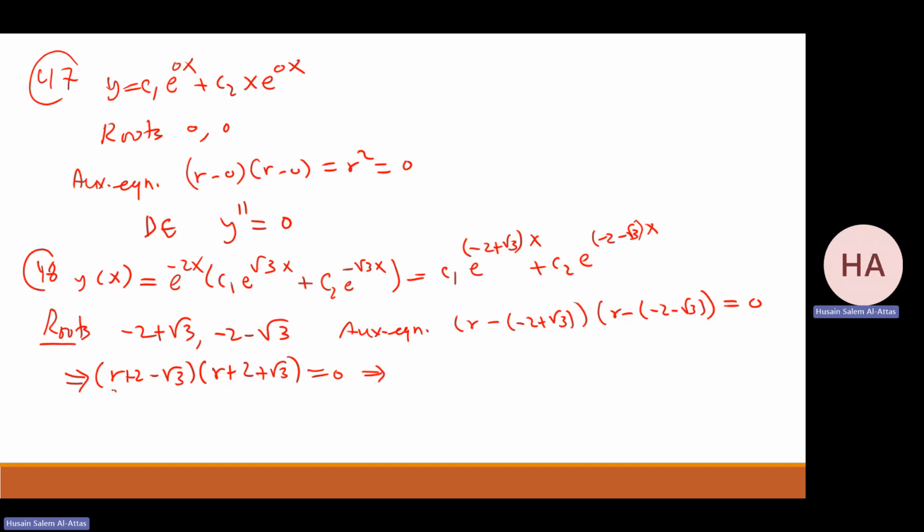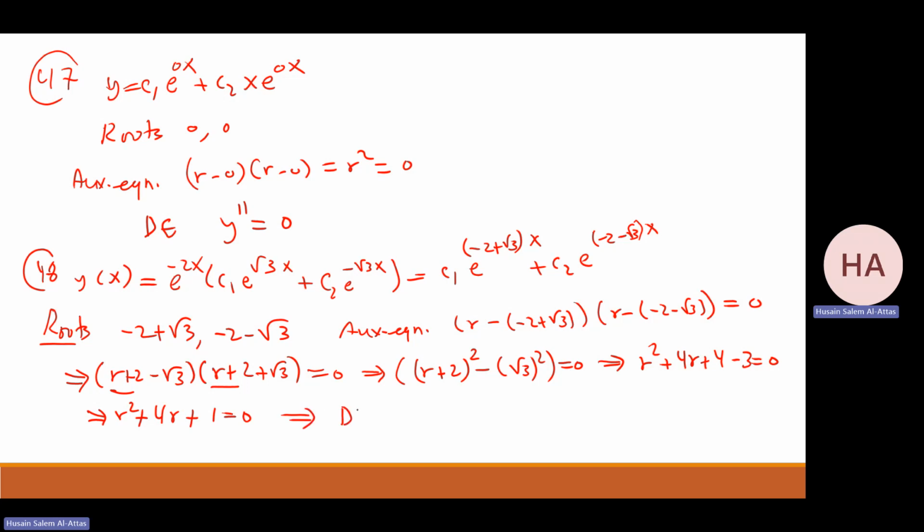I can rewrite it as (x minus y)(x plus y). So I have r plus 2 all squared minus the square root of 3 all squared equal to 0. So I have r squared plus 4r plus 4 minus 3 equals 0, so r squared plus 4r plus 1 equals 0. So the differential equation is y double prime plus 4 y prime plus y equals 0.